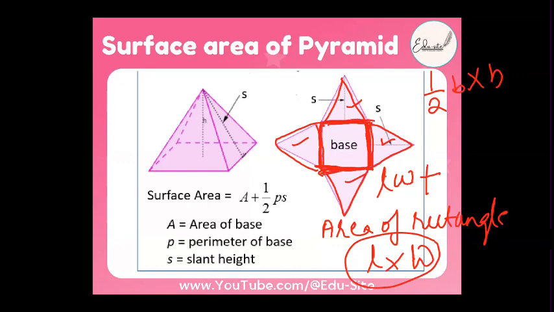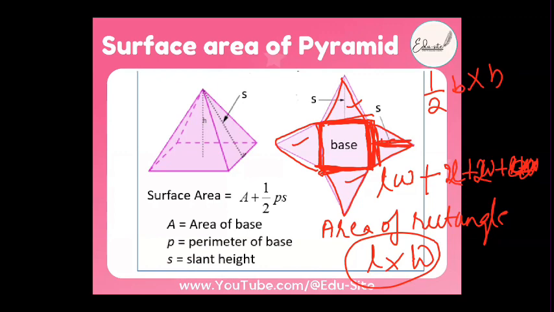The four bases of the triangles. Instead of the bases, can we not write the perimeter of the base? Yes, we can. What is the perimeter of the base? Length plus width plus length plus width. So 2 times the length plus 2 times the width, right? Yes, 2 times the length plus 2 times the width into the height. Can we not write it like that?